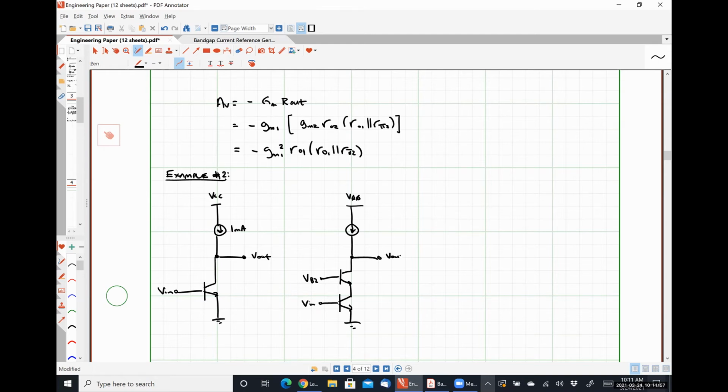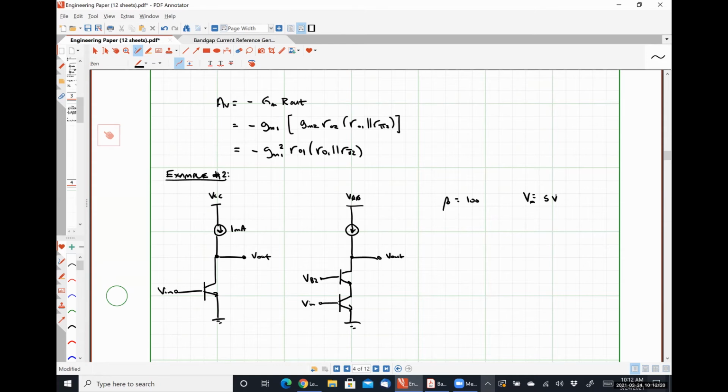Here is the out. And because I didn't write things down here, let's say that beta is equal to 100 and VA is equal to 5 volts for all of our transistors.